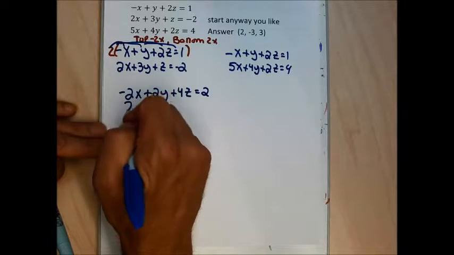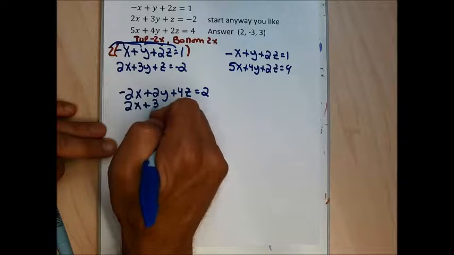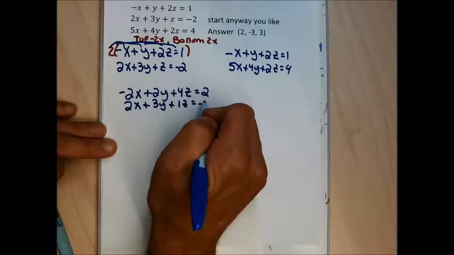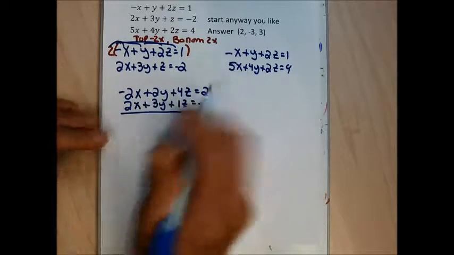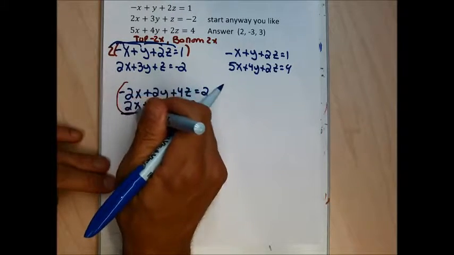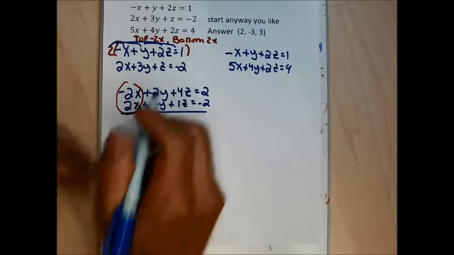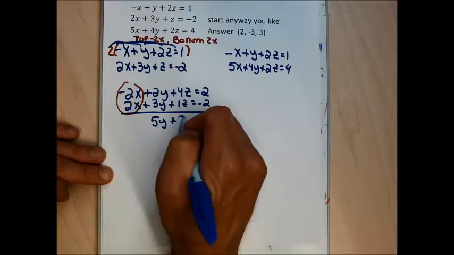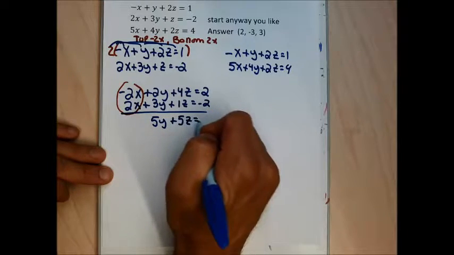I'm going to leave the 2x plus 3y plus, I'll emphasize, 1z equal to negative 2 alone. Combine. X's are going to cancel, which I'm forcing to do. 2y plus 3y is 5y. 4z plus 1z is 5z. 2 plus negative 2 is 0.